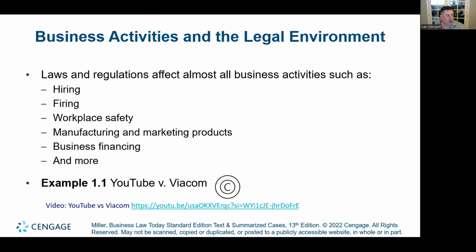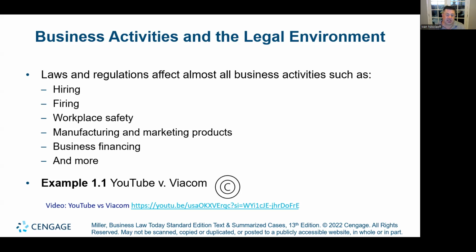So laws and regulations are here to affect many of our activities. We see the legal system in our hiring and firing of employees, in workplace safety with OSHA, and in manufacturing and marketing products, thinking about false advertising and how that can affect people.